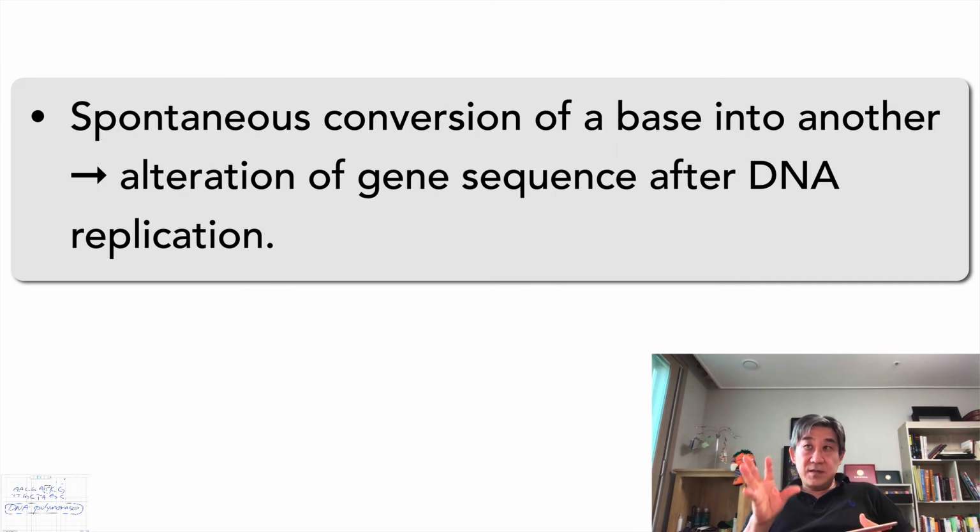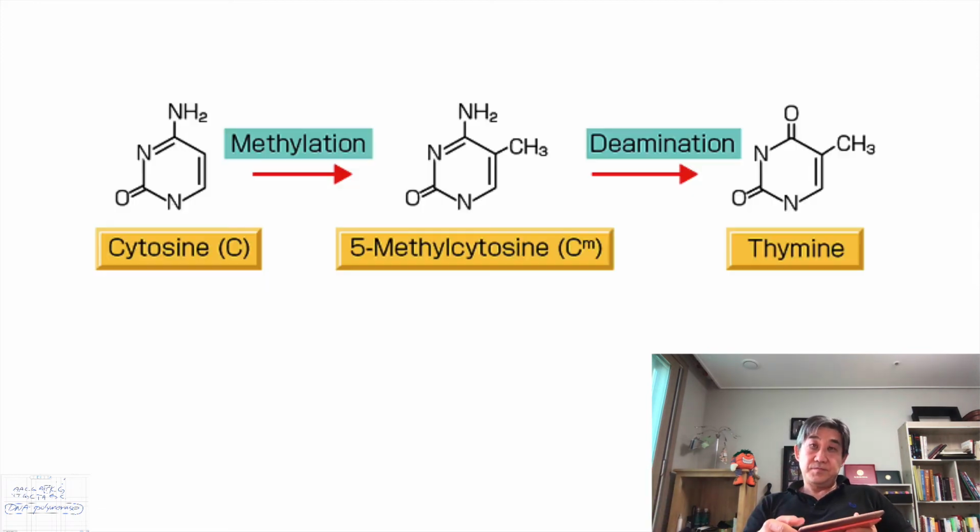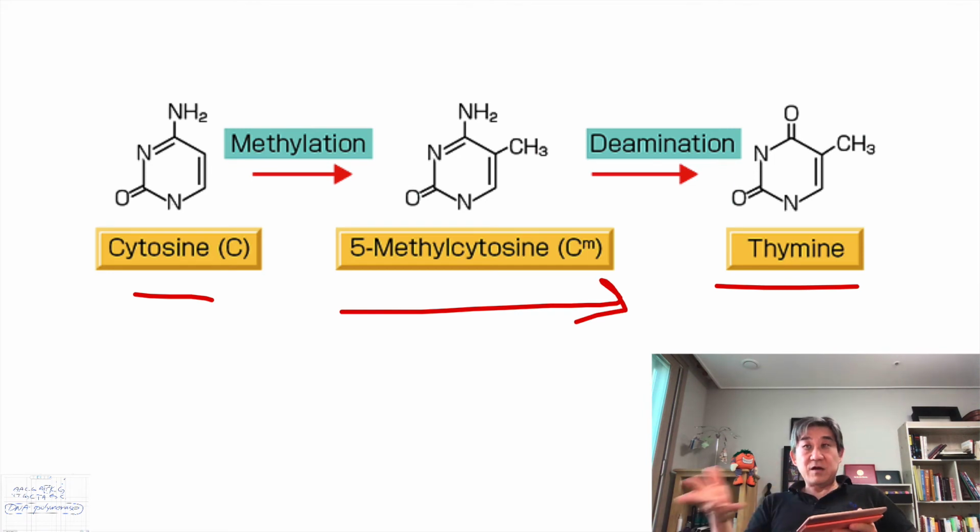Why? Because each nucleotide can be converted into a different one spontaneously, chemically. For example, cytosine, you don't have to memorize anything, but cytosine can easily be converted into thymine through this chemical conversion process spontaneously in the cell.